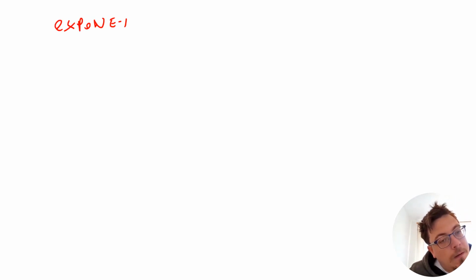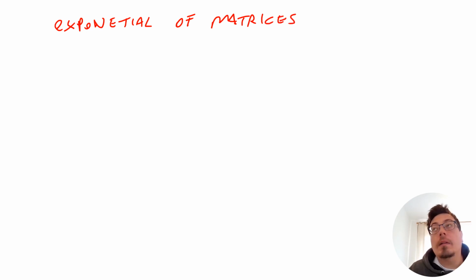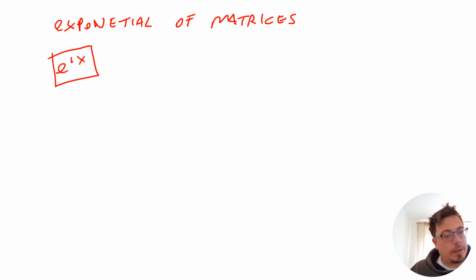Hi guys, today I would like to talk about the exponential of matrices, and also a little bit about the exponential form of the complex number e to the ix. So what does this mean and how is it related to sine and cosine of x?